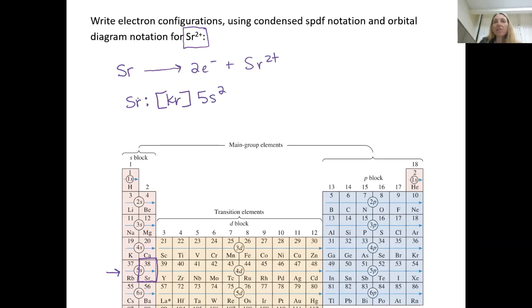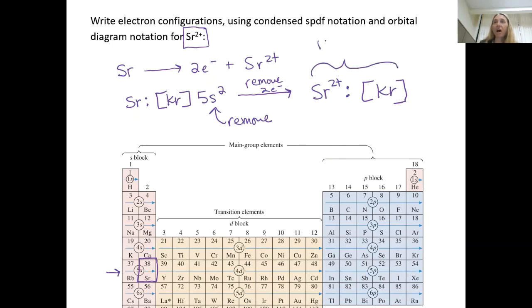So now if I take this strontium and I remove 2 electrons, then I get strontium 2+. Okay, and so strontium 2+ means I take and remove these electrons. So the noble gas configuration of strontium 2+ is actually the same as krypton.